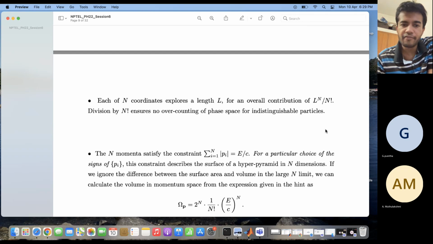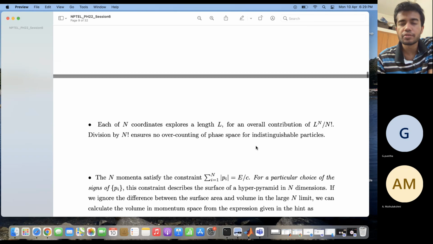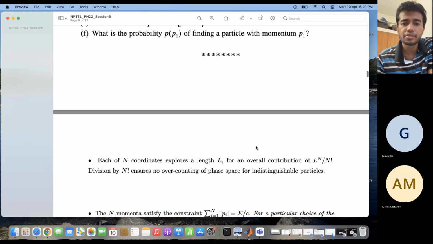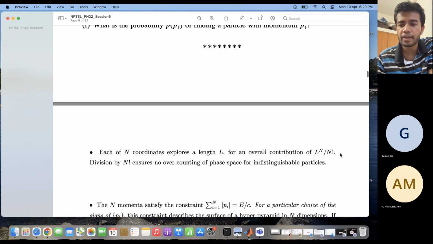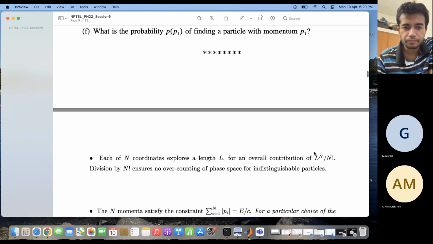So we have to divide by N factorial. Therefore, the total contribution to the overall number of microstates which comes from the position coordinates is equal to L to the power N by N factorial.